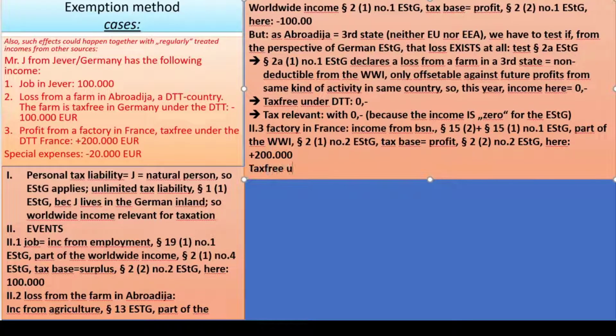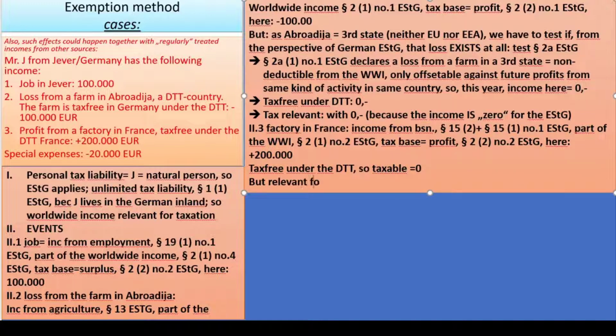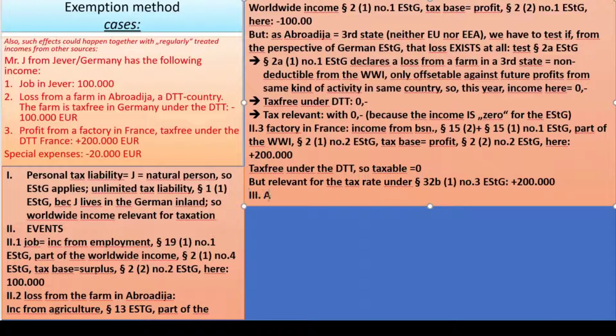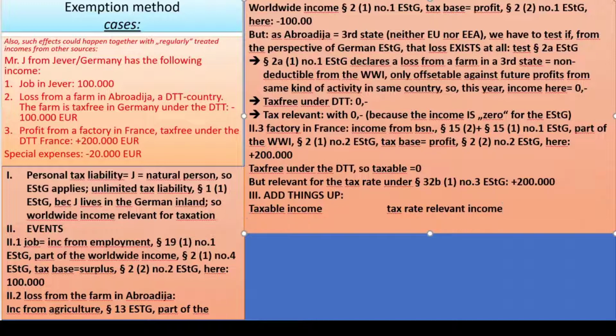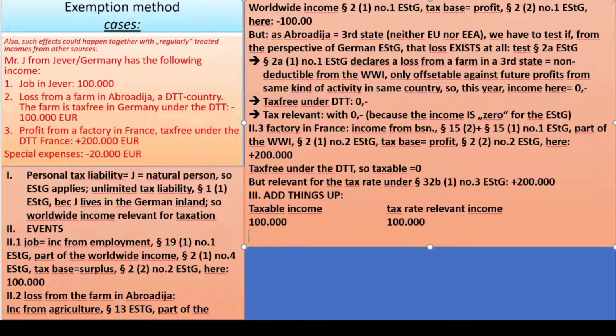But tax-free under the DTT, so taxable is 0, but relevant for the tax rate under paragraph 32.1, number 3 ESTG, with an amount of plus 200,000. So if we add things up, we have again taxable income and we have tax rate relevant income. So we have 100,000 here, which are also relevant for the tax rate computation.